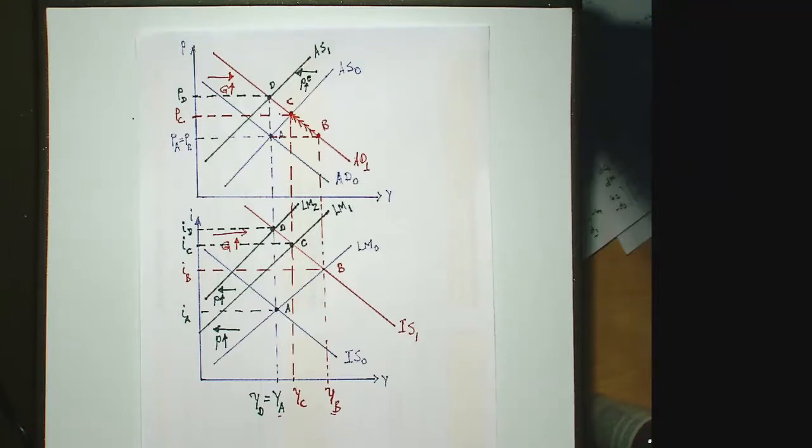We moved on to the short-run equilibrium where the interest rate had risen and the interest rate increase had resulted in a decrease of investment demand. So we had seen that there is a reduction of aggregate demand from point B to point C.